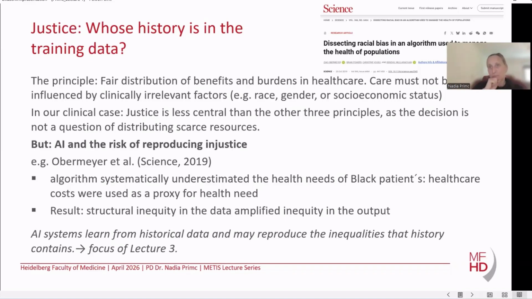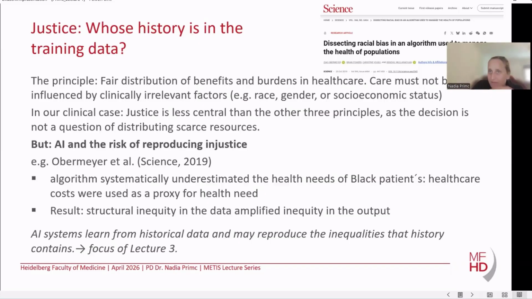Justice is definitely the principle that most explicitly connects clinical medicine to the social and political world. It asks not only what is good for this patient, but also whether the system within which the patient is being treated is in itself fair.